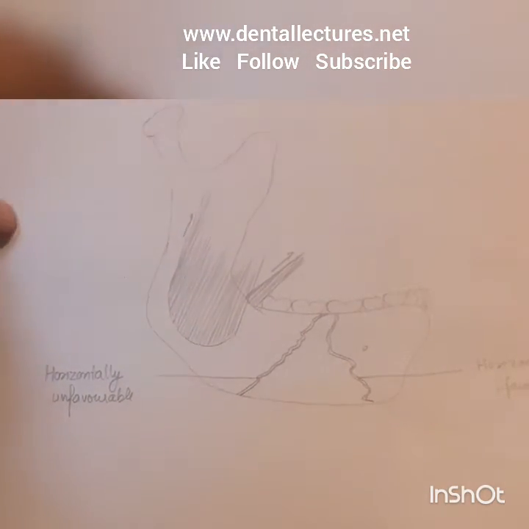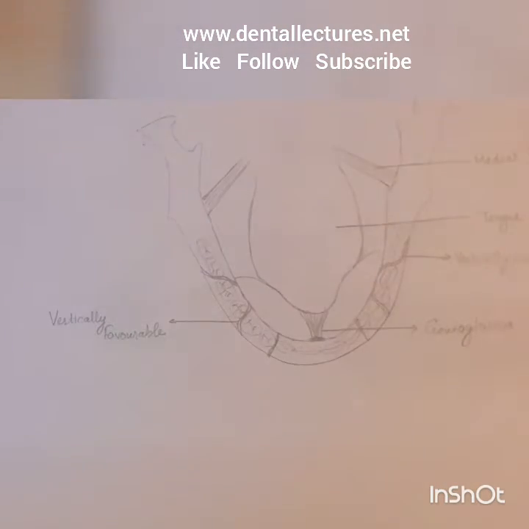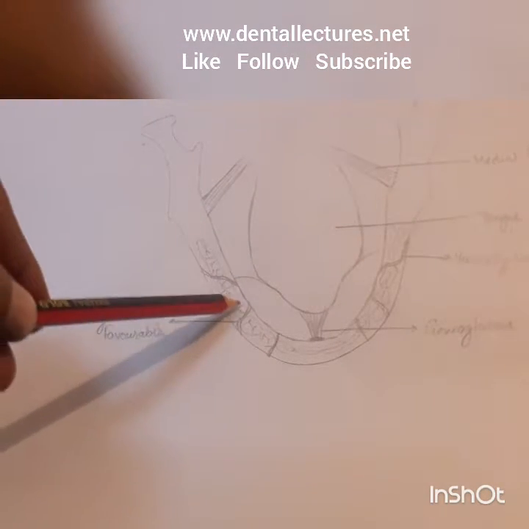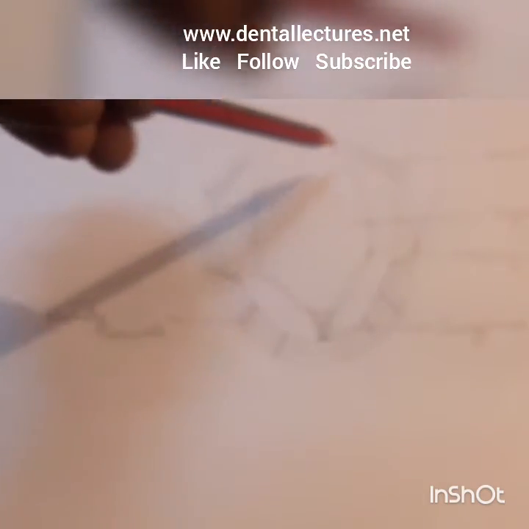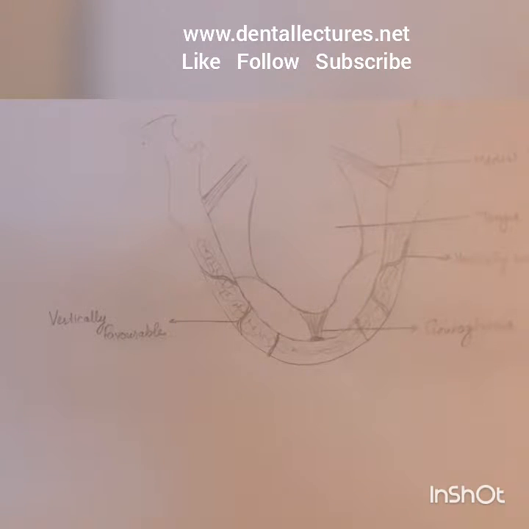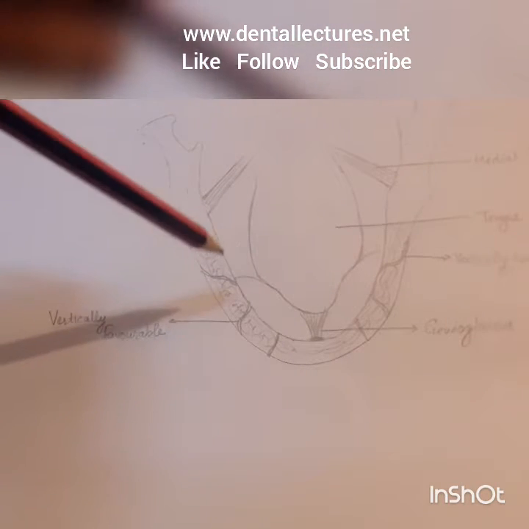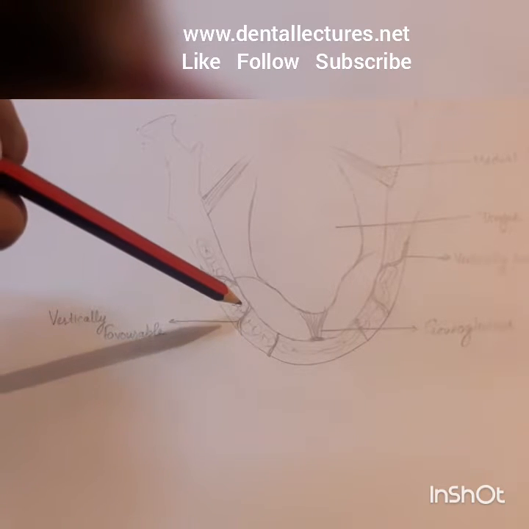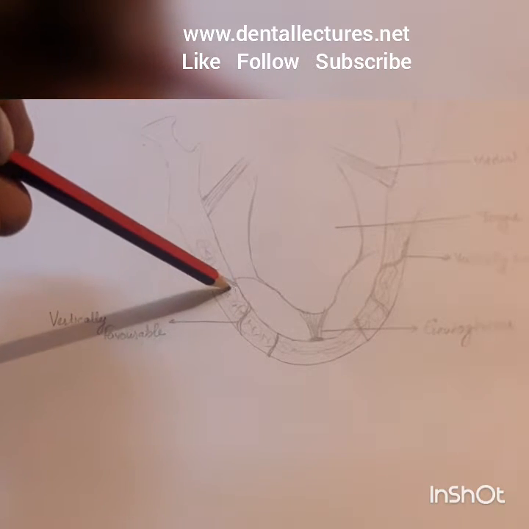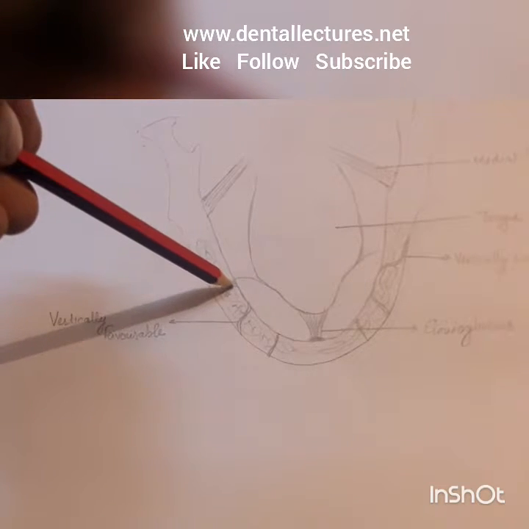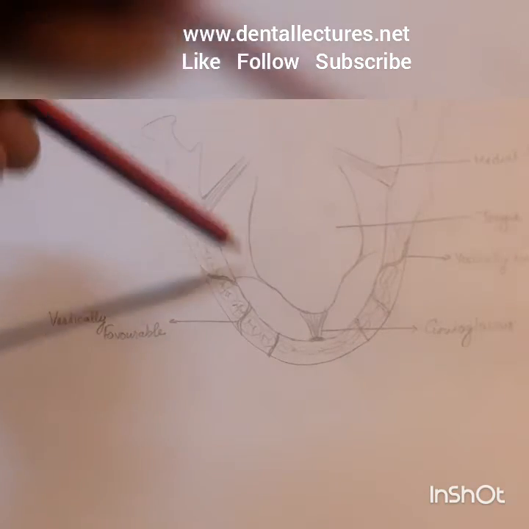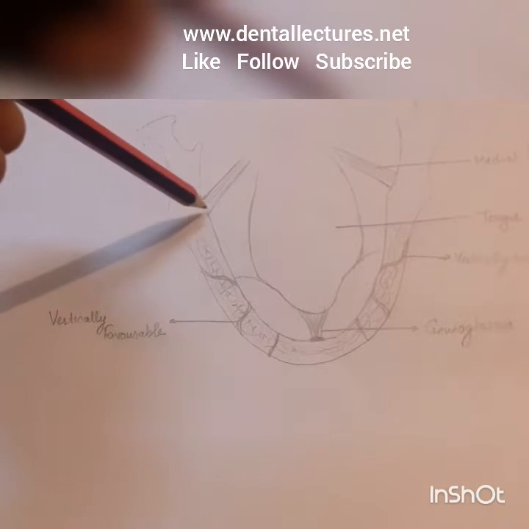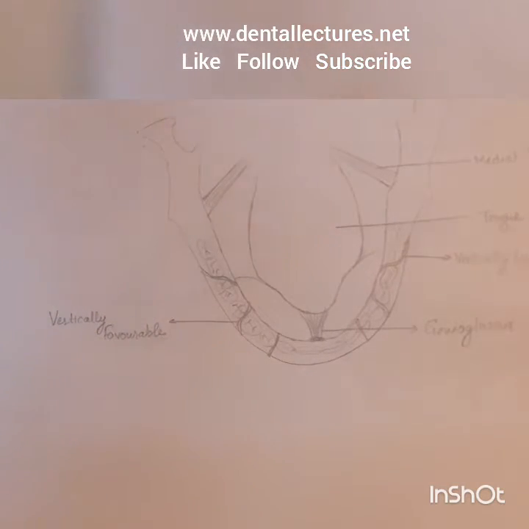If we see the mandible from above, I want you to consider these two fracture lines and these two fracture lines. This is the medial pterygoid muscle which pulls inward. In this type of fracture, where the fracture line runs backward, the distal portion is easily pulled inward by the muscles.